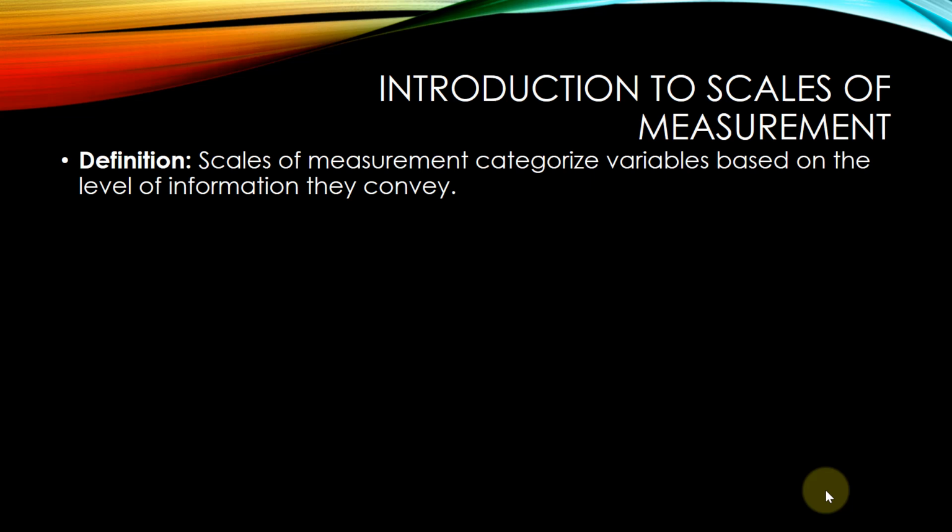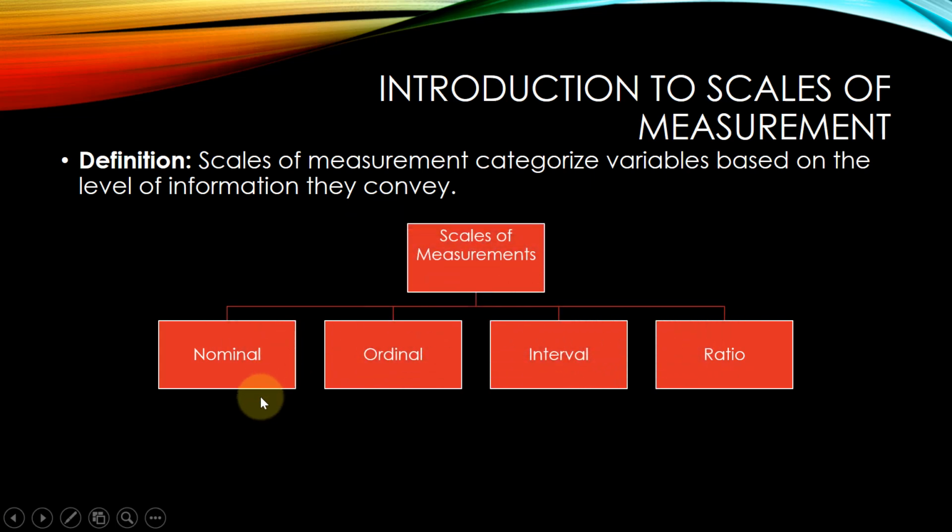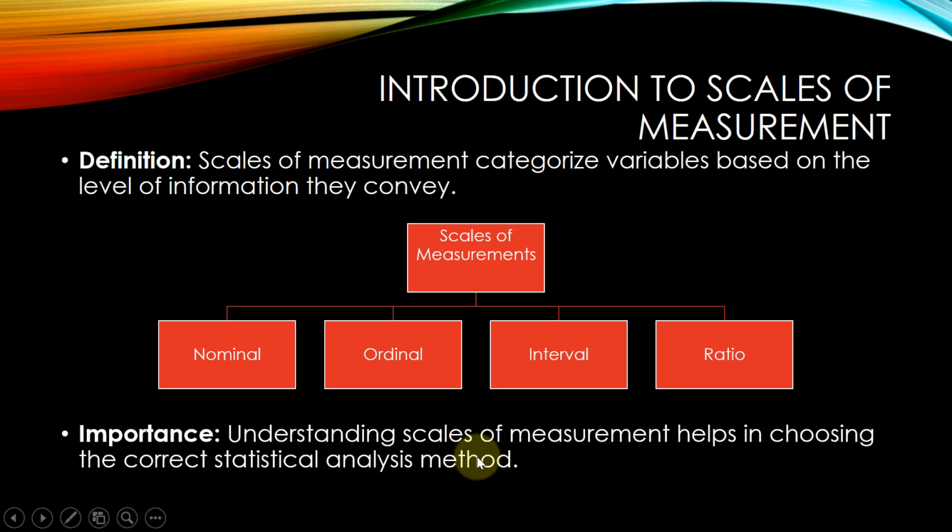Scales of measurement categorize variables based on the level of information they convey. There are mainly four types of scale of measurement: nominal scale, ordinal scale, interval, and ratio scale. Understanding scales of measurement helps in choosing the correct statistical analysis and method.